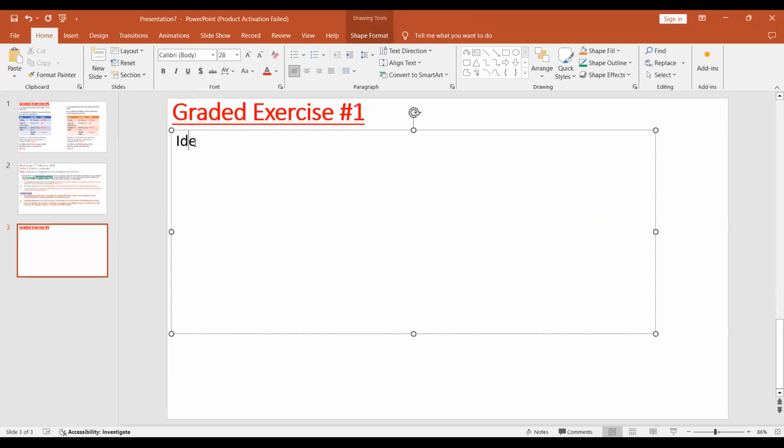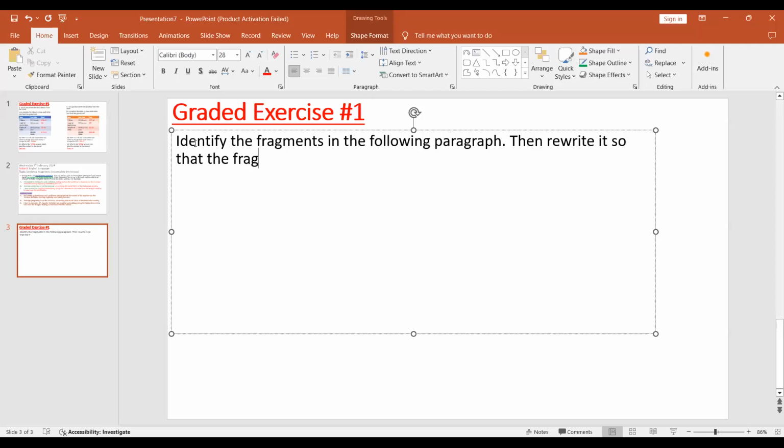So identify the fragments in the following paragraph, then rewrite it so that the fragments are eliminated.